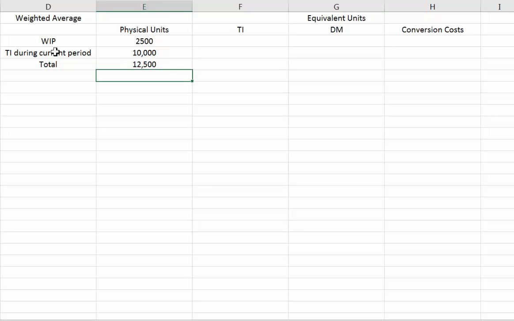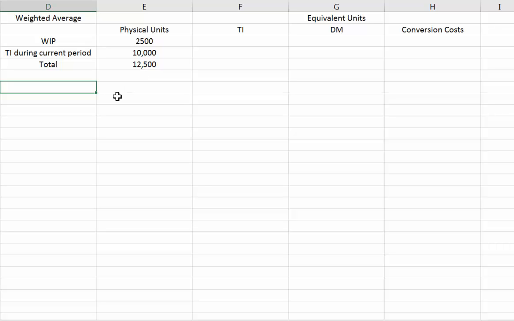After that, in total we have 12,500. Perfect. Because we're doing the weighted average, we're going to group those physical units into two groups. One is completed and transferred out. We don't care about first in, first out, and so on. We just blend them. We're looking at how many out of 12,500 will be completed and transferred, and how many will be left.